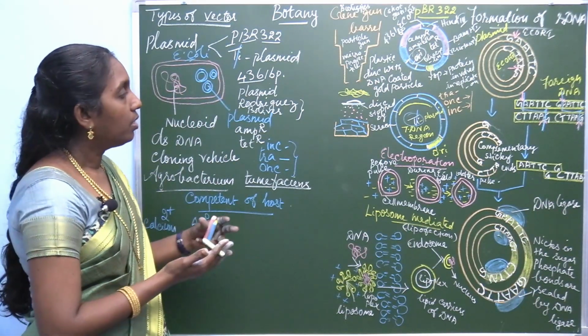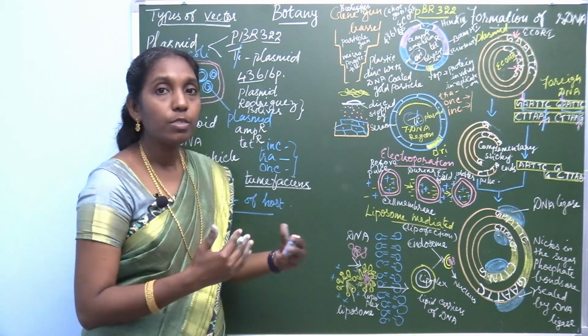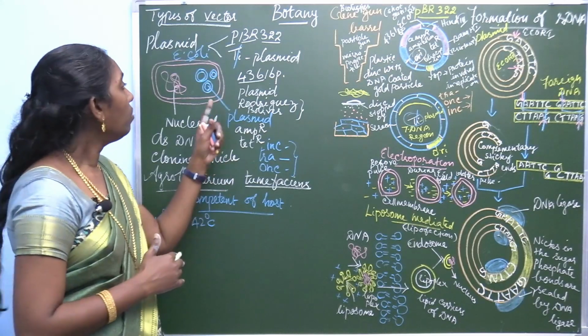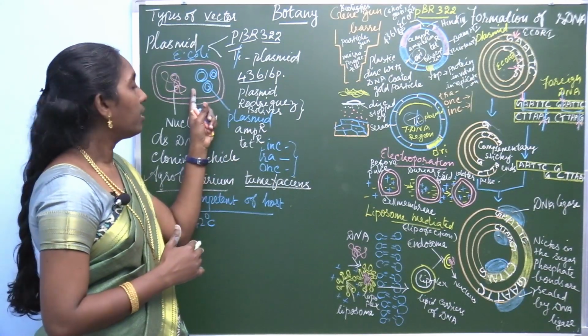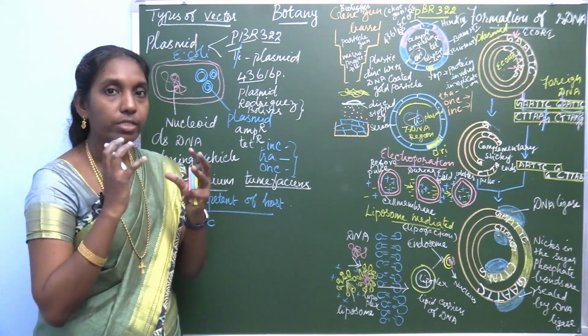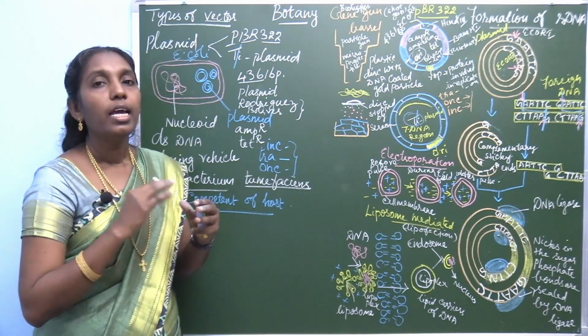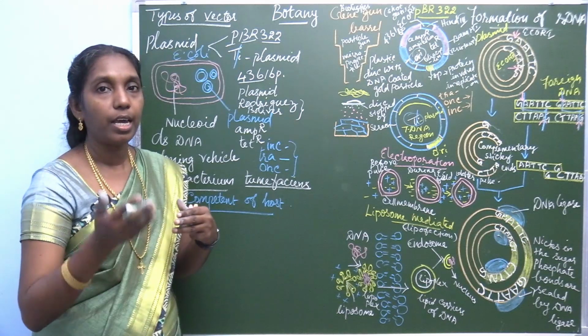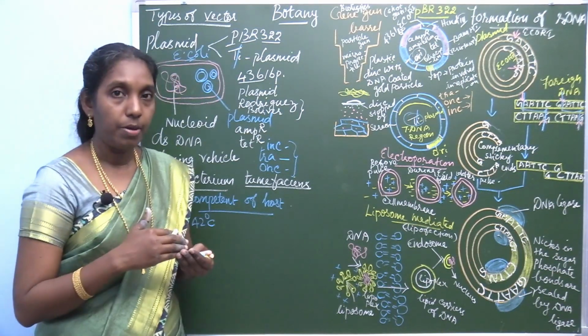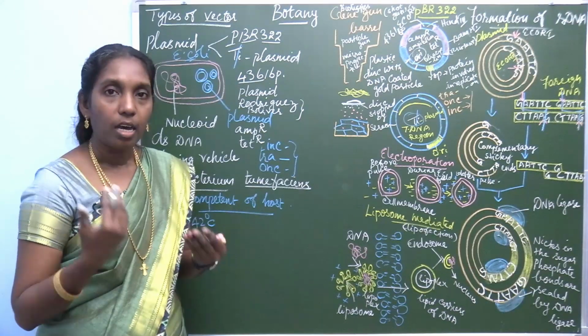After this process, the next process is the method of transfer. The plasmid or cloning vector which contains rDNA can be transferred into the host. The host may be a plant cell or animal cell.